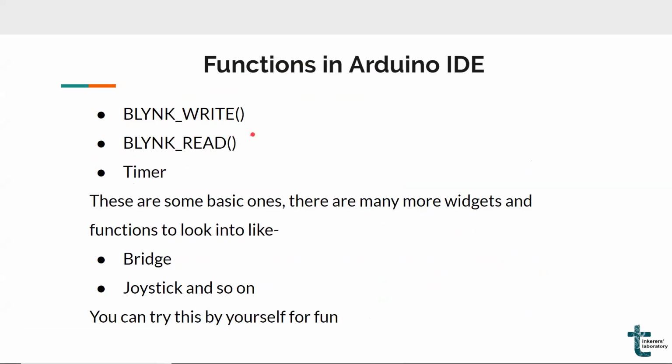These functions are only for virtual pins, first of all. So suppose you define a button in virtual mode and then you click on it. You have written something to that pin, so the BLYNK_WRITE function for that pin will be called, and then you just take the data and do whatever you want to do.